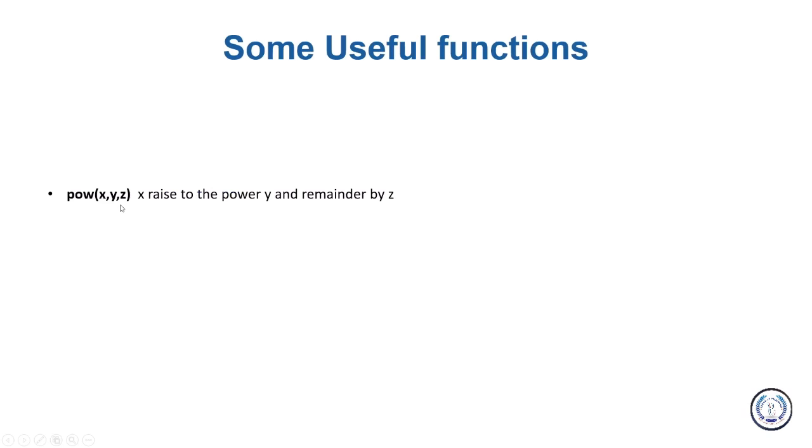Next function is pow. You can compute power, by the way, using double star, if you want to compute x raised to the power y. Or equivalently, you can call the function pow(x, y), and that will give you the same result.